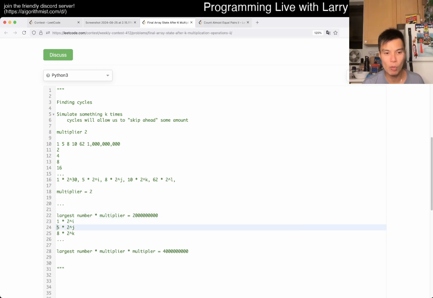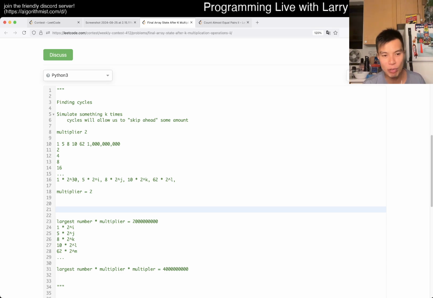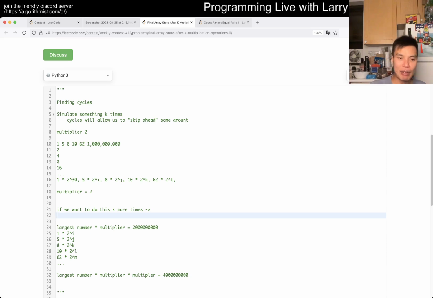So if we want to do this K times, we have K more times. What does this mean? Given that we have n numbers, we basically do this K divided by n times.